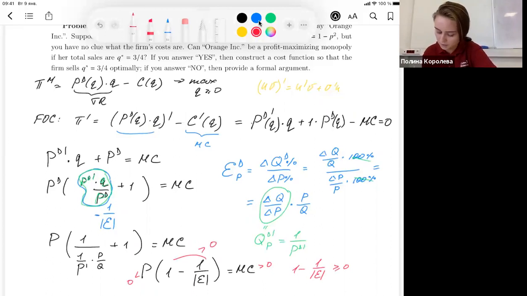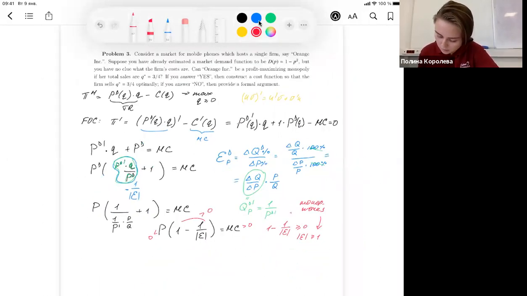If we revert it, the module of elasticity should be greater or equal than 1. That means that a monopoly works only on the elastic part of the demand. The monopolist works at the elastic part of demand.